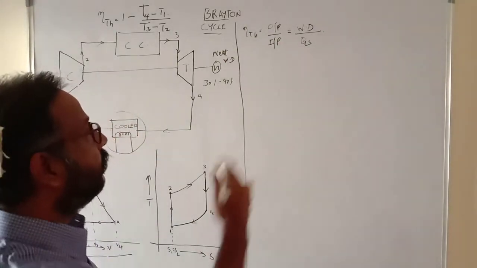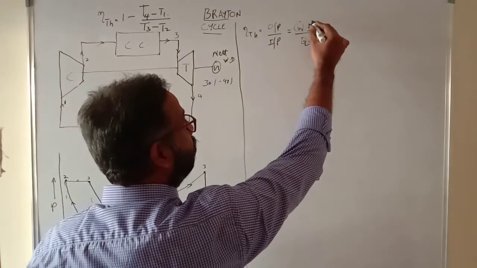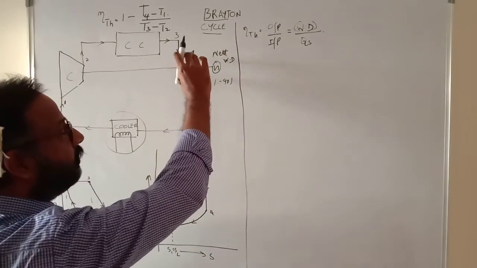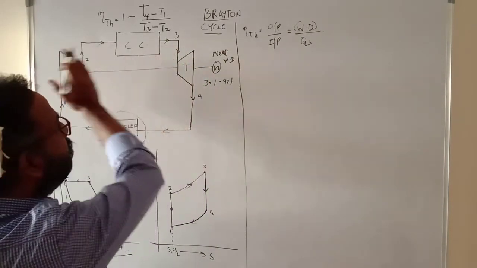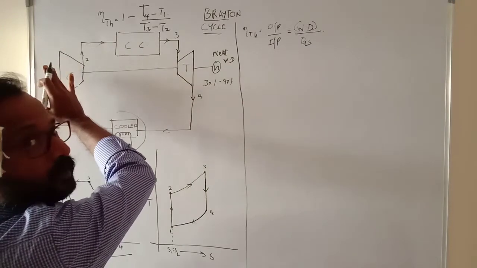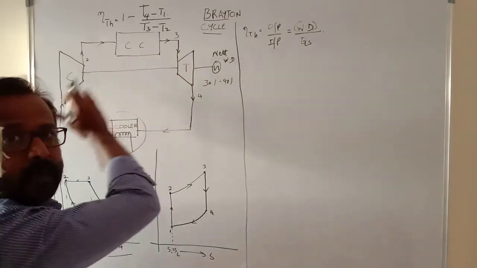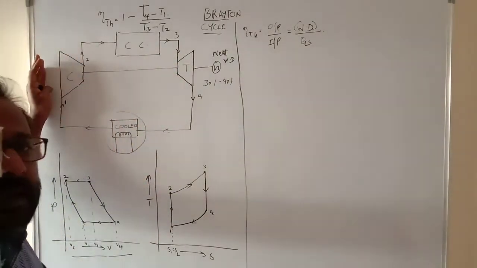Now when we come to this work done, as I told you before, when work is being produced by the turbine, a major amount of the work is being absorbed by the compressor, because the compressor needs to rotate and compress the gases. So the net work that we get outside is the work done by the turbine minus how much of that turbine work is being absorbed by the compressor.